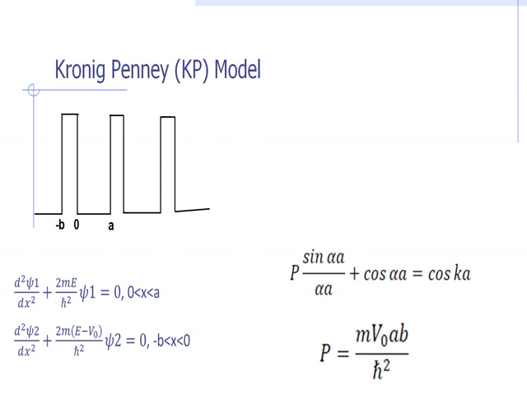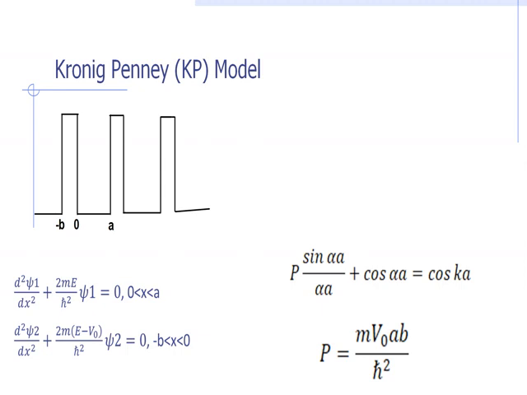V0. So essentially, to analyze it further, one would start with the Schrodinger time independent equations for the two regions, 0 to a and minus b to 0, which are written below that potential.